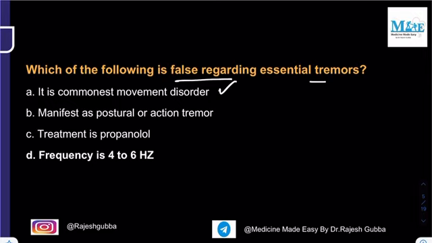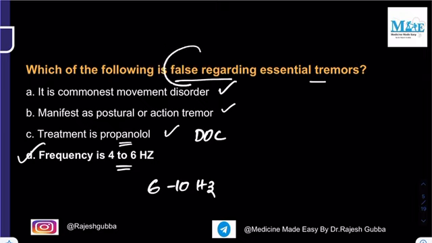It manifests as a postural or action tremor, and is treated by a beta blocker, propranolol, the drug of choice. But the frequency of essential tremor is not 4 to 6 Hz; it is around 6 to 10 Hz. So the answer is 4 to 6 Hz, the false statement.